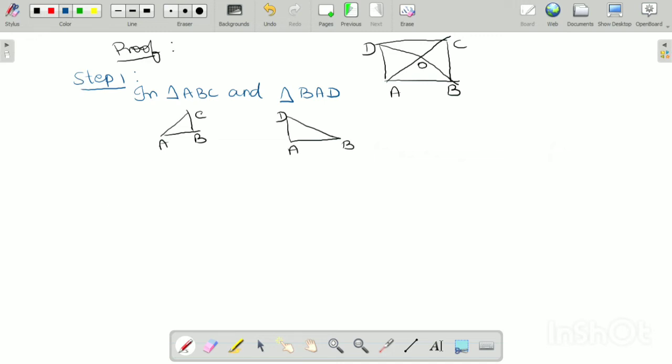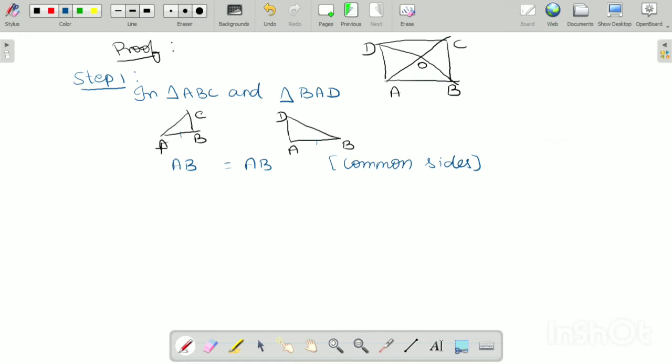For that we are taking two triangles, triangle ABC and triangle BAD. In both the triangles we have AB. AB is equal to AB, that is a common side.